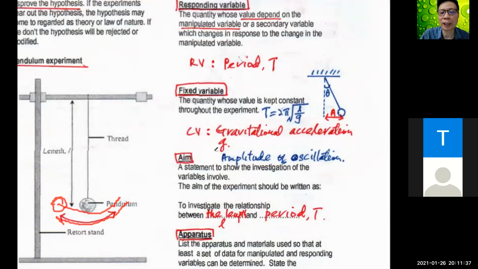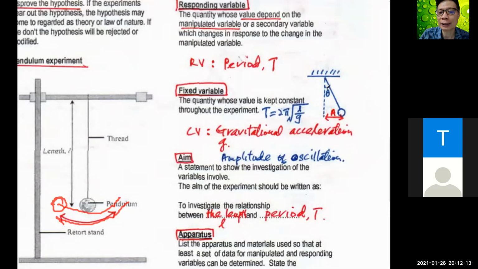So remember, the fixed variable, constant variable must be the gravitational acceleration, gravity. As long as you do it at the same position, the gravity will be the same. Okay, another one that must be fixed is the amplitude of oscillation. The amplitude is the angle it oscillates through. You see here, how big is this angle? That is called the amplitude. So the angle of oscillation, or amplitude, must also be fixed. Each time you release the pendulum to swing, make sure this angle is the same.